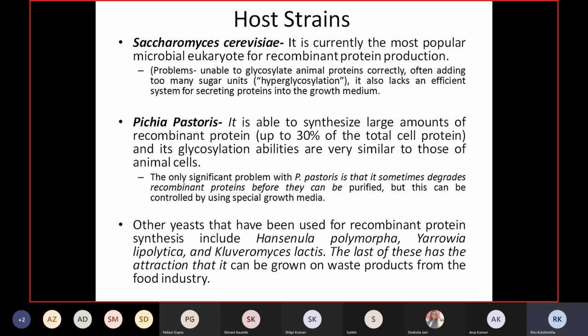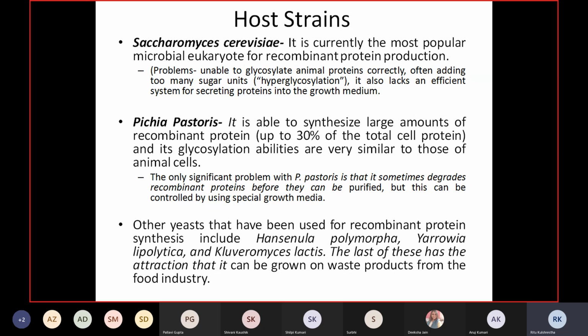Now, is it the best strain that is being used in the companies or in labs for protein production purposes? No. It is used in those cases definitely where you want to overexpress a eukaryotic protein, and you find that E. coli was not giving much of the activity of the protein for various reasons.